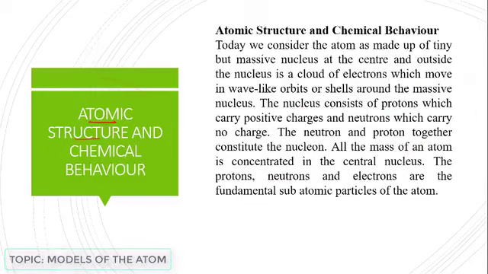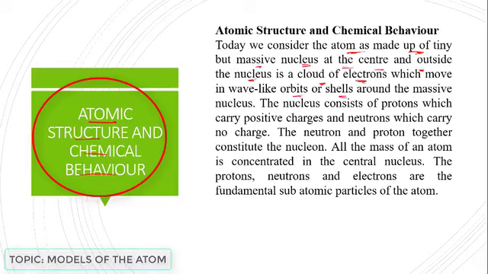At this point, let's talk about the atomic structure and chemical behavior of atoms. Today we consider the atom to be made up of a tiny but massive nucleus at the center, and outside the nucleus we look at it as having a cloud of electrons which hover and move in wave-like orbits or shells around the massive nucleus.